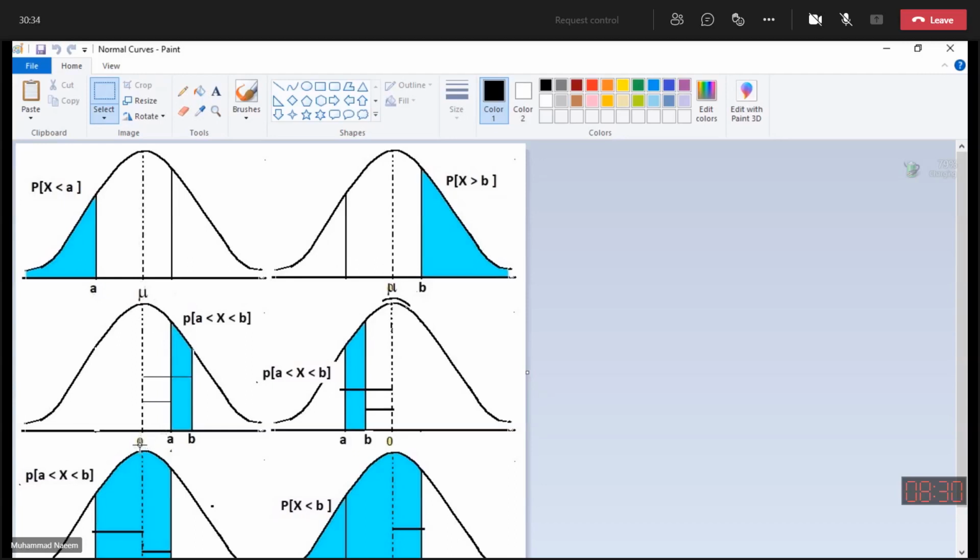Because we have 0 in the center, so all the points which are on the left hand side of the mean are negative, and all the points which are on the right hand side of this mean are positive. Remember, this thing is only for the variable z. When we convert our variable in terms of z, then the point will be negative when it is in the left half, and positive when it is in the right half.